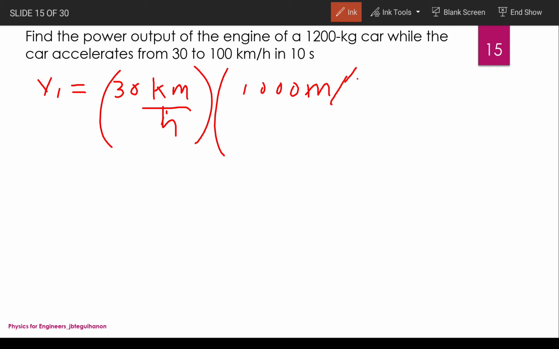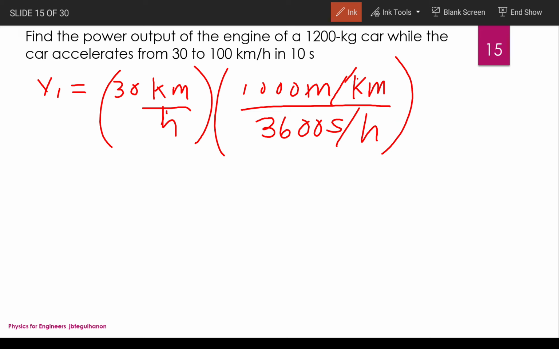Over 3,600 seconds, there is 1 hour. Okay, and what will happen is this kilometer here and the kilometer here is cancelled out, and the hour here and the hour here is cancelled out.